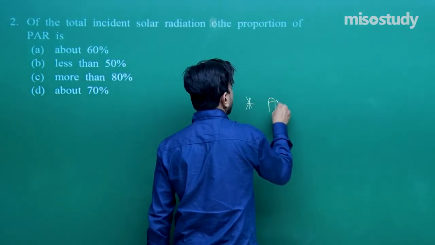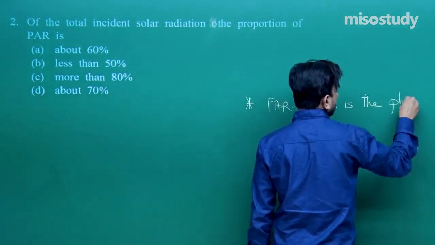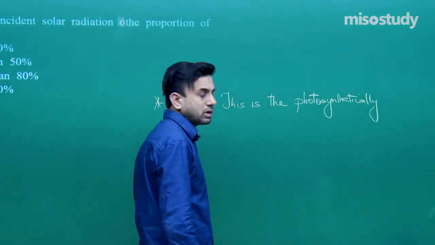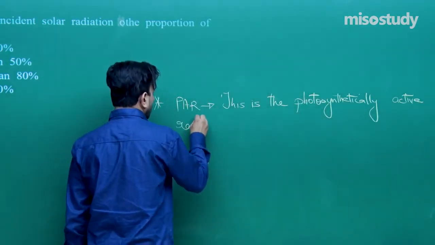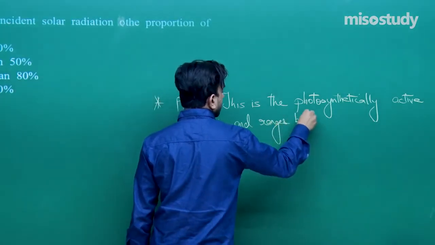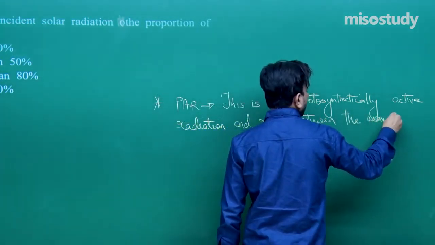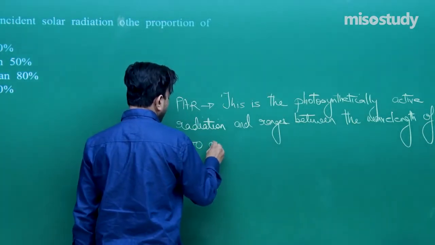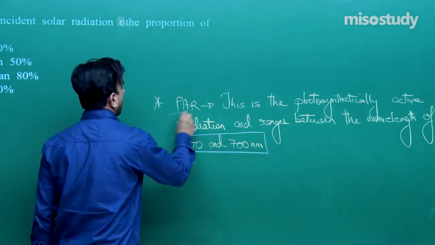Okay, so PAR is the photosynthetically active radiation and ranges between the wavelength of 400 and 700 nanometer, right?